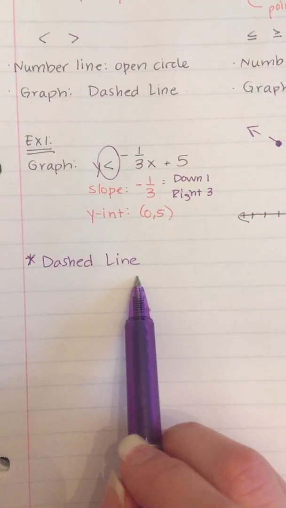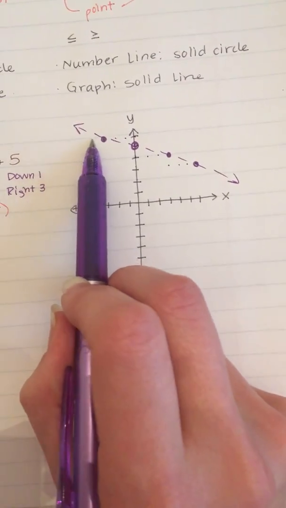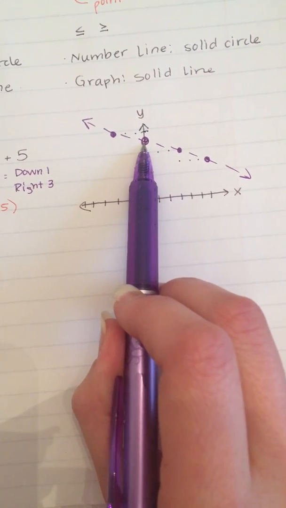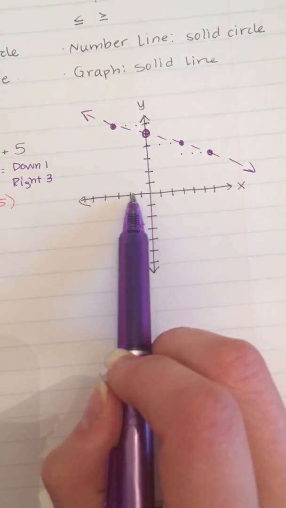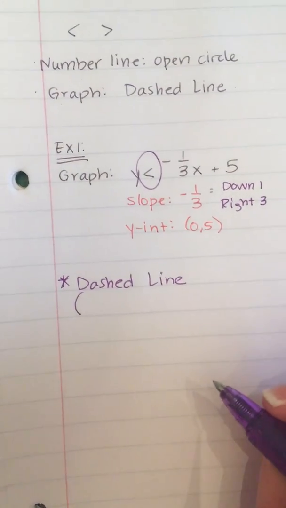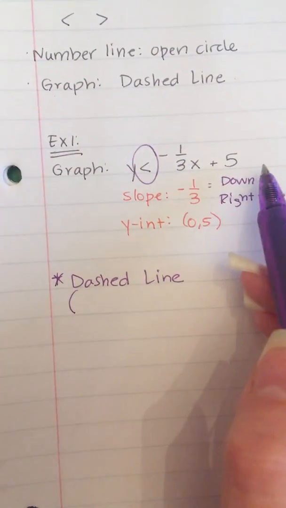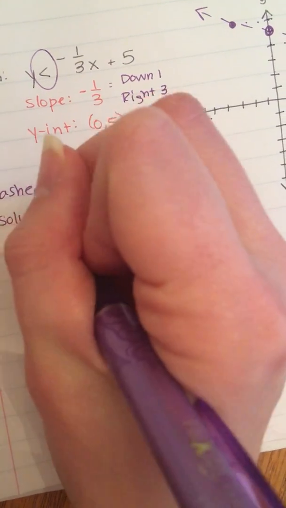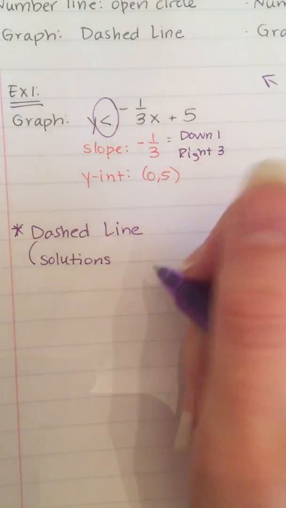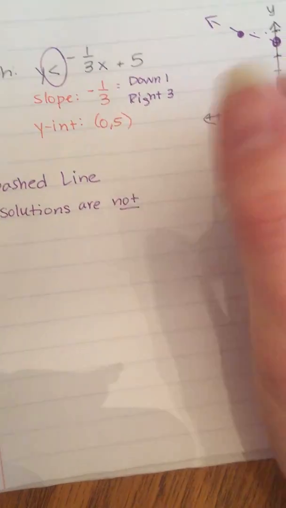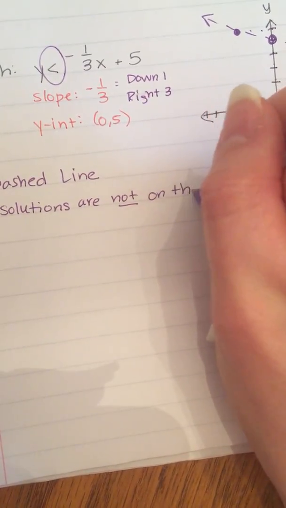So when you have a dashed line, that means all of these points that are on this line, for example, 0, 5, or this one, negative 1, 2, 3, 6, okay? All of those points are not solutions to this inequality. So I'm just going to write down that these are our solutions are not on this line.